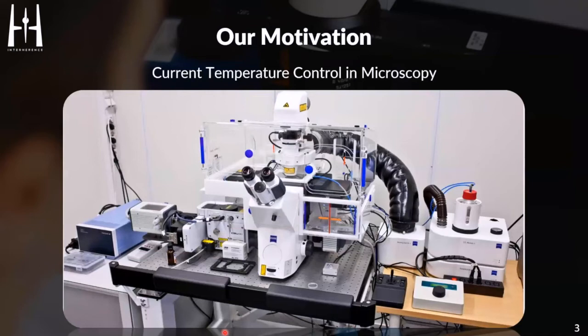If you look at the temperature control systems which are out there in labs, it's a huge incubation chamber built around a commercially available microscope, and then there's a heater which supplies the incubation chamber with hot air to achieve a certain temperature inside the incubation chamber.